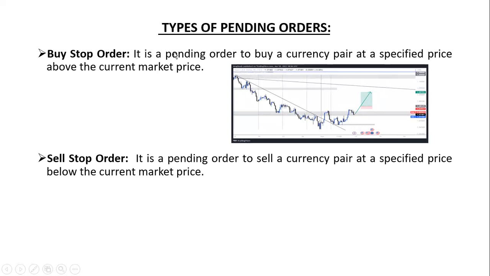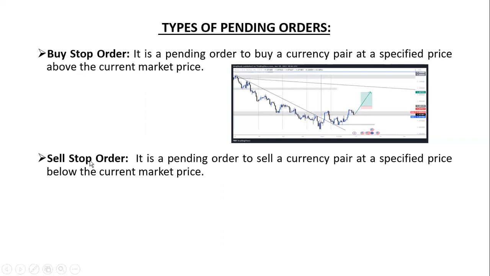That is what it is saying: a pending order to buy a currency pair at a specified price above the current market price. So you see the order that we placed here is above the current market price. Whenever price gets to this level, that is when your broker will execute the trade for you.